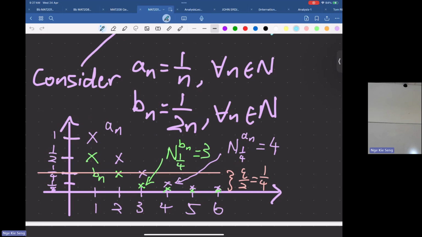So you need to pick the maximum one so that both of them lie inside the epsilon gap. If you pick 3, An hasn't come into the gap yet, still on the boundary line. So you need to pick the furthest one, 4. You need to make sure everything lies inside the gap of 1/4. Make sense or not? That's why we pick the maximum.